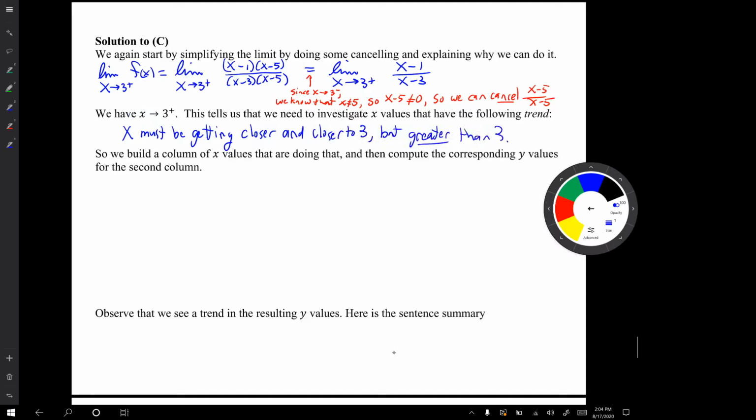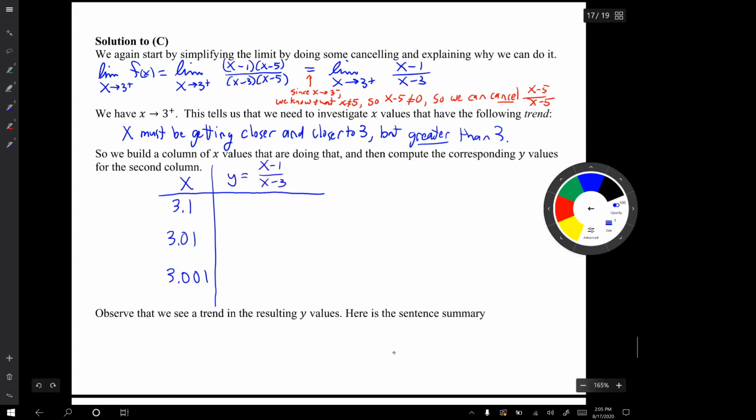So we have to build a column of x values that are doing that, and then compute the corresponding y values for the second column. So I'll do that table here. So there you see the list of x values that are getting closer and closer to 3, but greater than 3. And now we'll compute the corresponding y values.